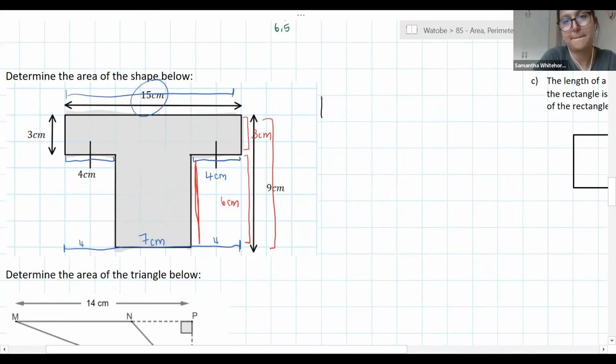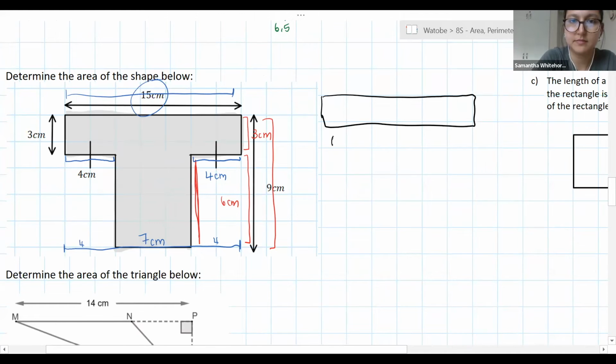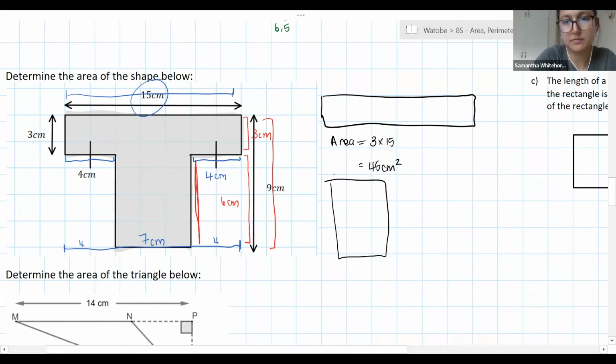For the top part, I said A equals 3 times 15, and then I got 45 centimeters. Then for the bottom part, I said A equals 7 times 4. No, sorry, 7 times 6. Good. And then I got 42.